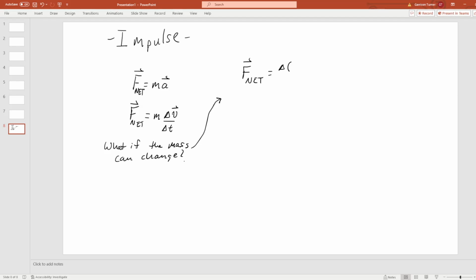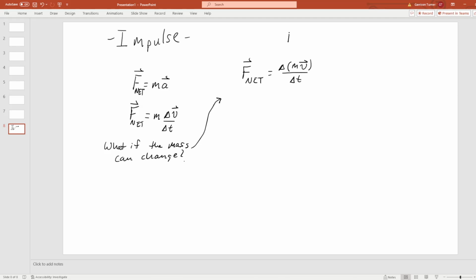Then we would move the delta outside of the m v, and we would obtain something like this. And so this is actually what a force is. This is the best definition of force. Well, we're almost there.